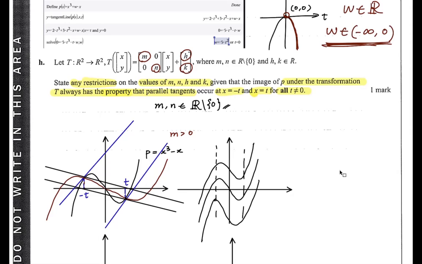So the translation factor k will have no effect on the gradient, which guarantees the gradient at the symmetrical points to be the same. It's just shifting the tangent lines upwards or downwards, but they are still parallel to each other. So k can be any real value.